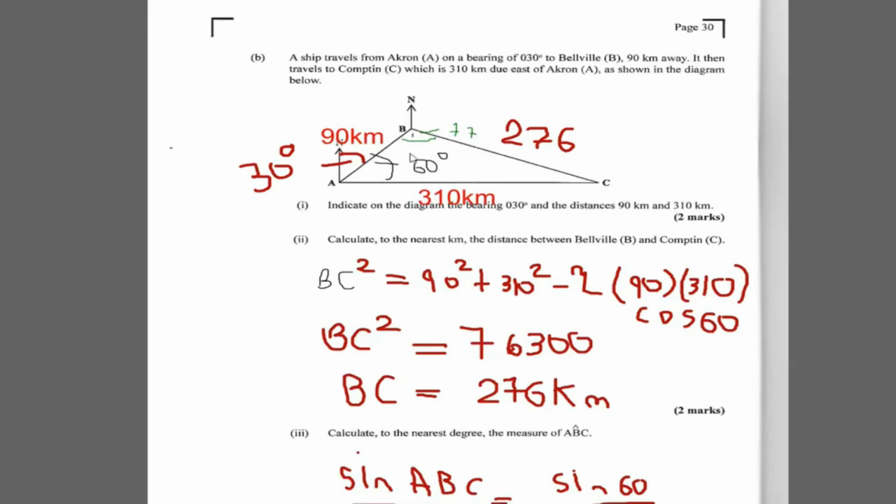The bearing of C from B is going to be this angle right here, all of this angle. It's pretty much 90 plus something, this small piece in here.